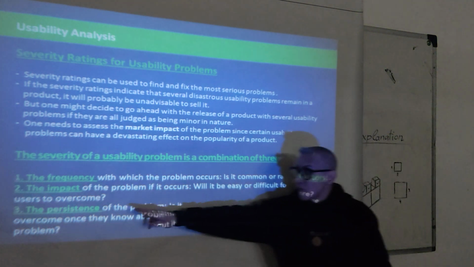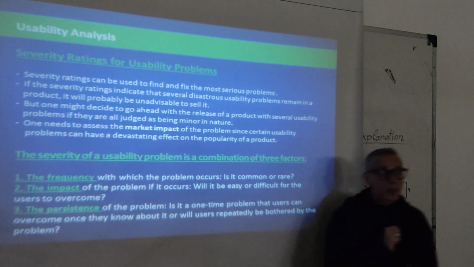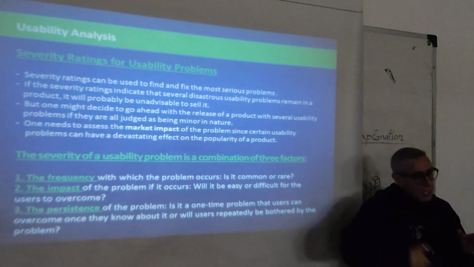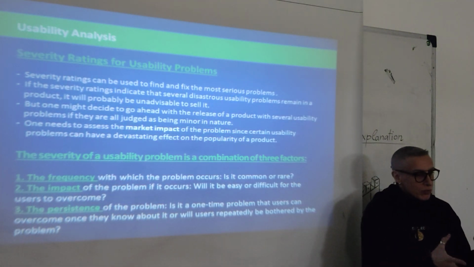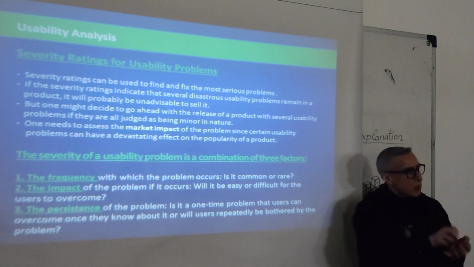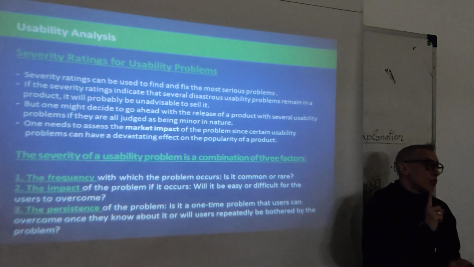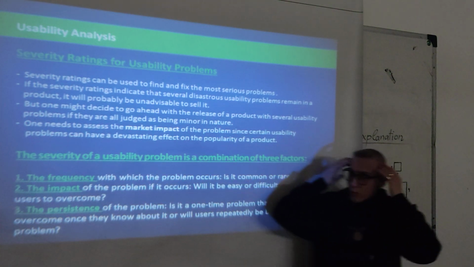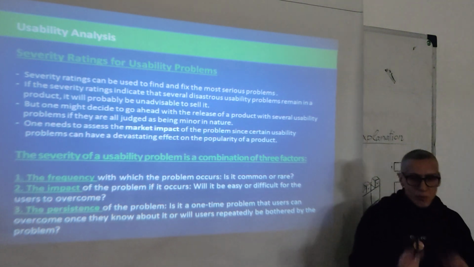And the persistence. So it's frequency, impact, persistence. What's persistence? If the same type of problem keeps coming up every time you use this product, the same problem keeps persistently coming up, this is also an issue that must be addressed. So these 3 things must always be kept in mind: frequency, impact, and persistence of a certain problem.